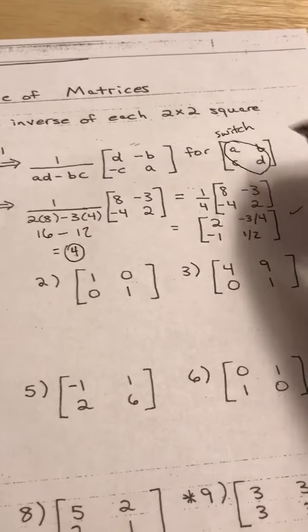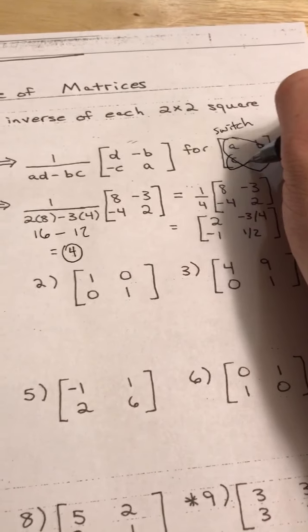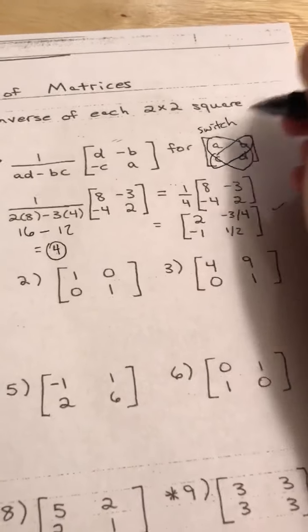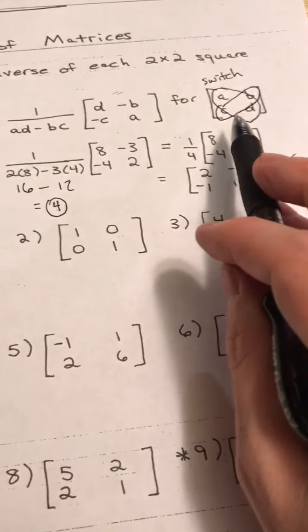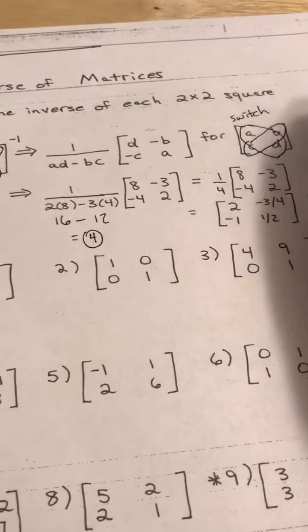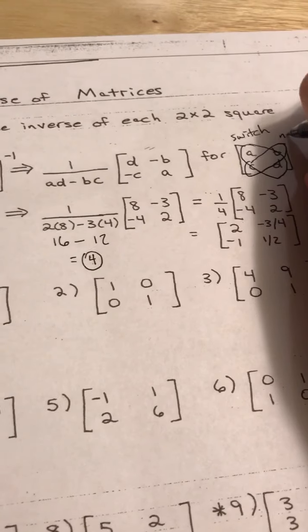The next thing I want to do is circle the next diagonal. So let's try that. I get B and C. Now I'm not going to switch this one. Instead what I'm going to do is put negatives on them.